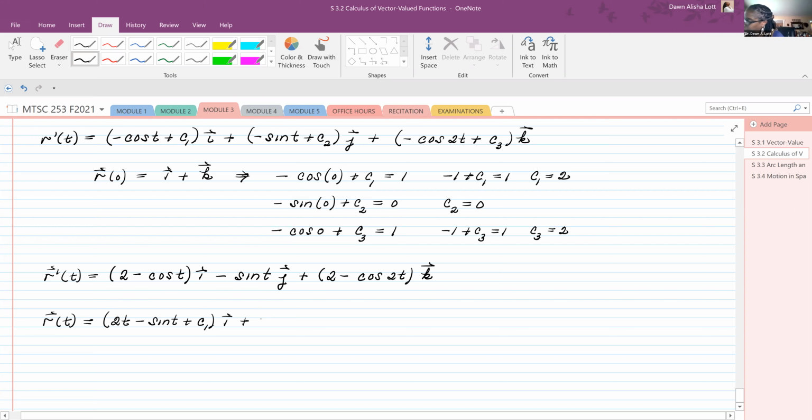And then I'm going to integrate this and I'm going to get cosine t plus C2 j. And I'm going to integrate this and get 2t minus 1/2 the sine of 2t plus a third constant.